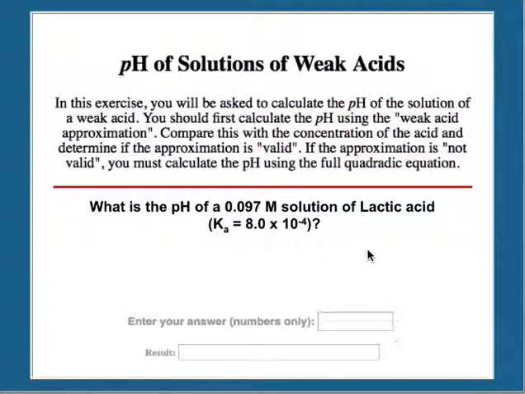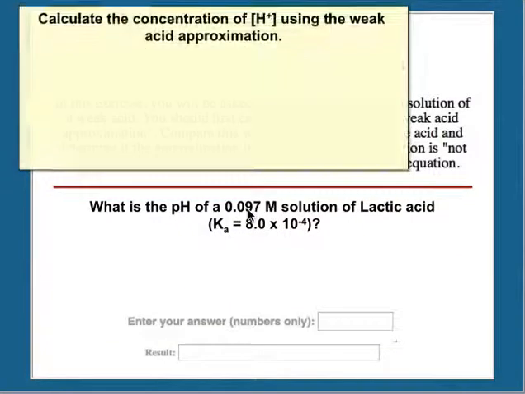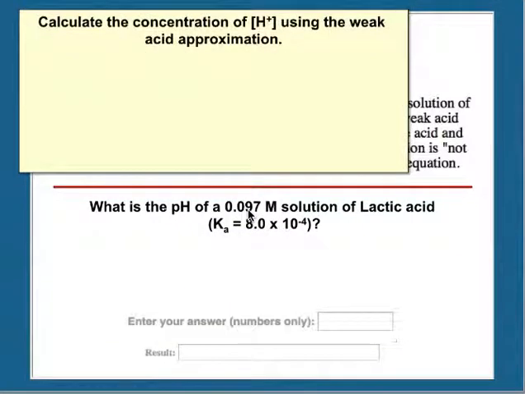Let's look at this in a tutorial. Here we have lactic acid, and this is its Ka. Our concentration is 0.097 molar. Our weak acid approximation is just going to take the concentration and the Ka, and we're going to take the square root.